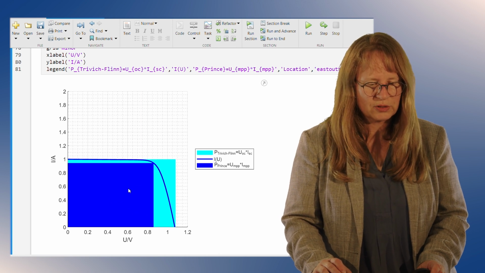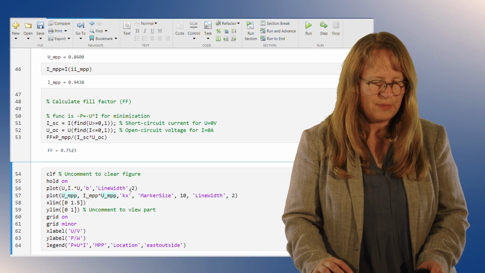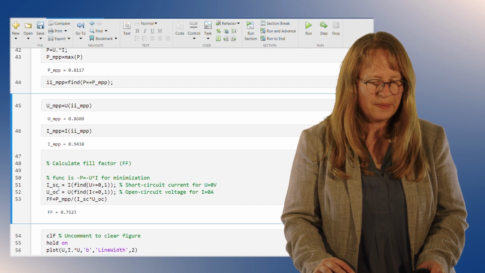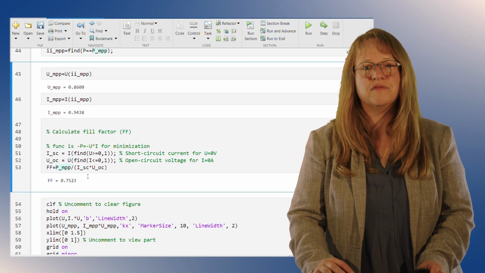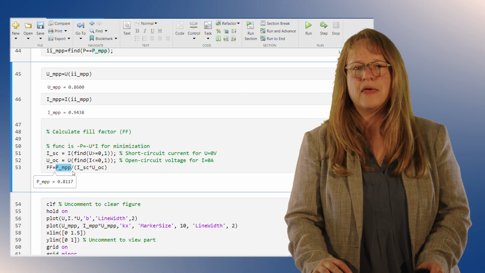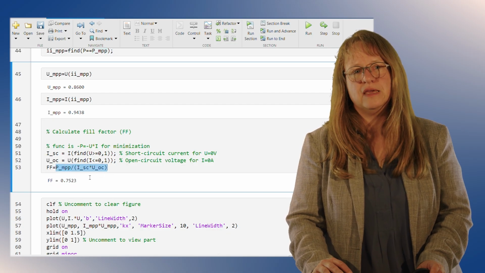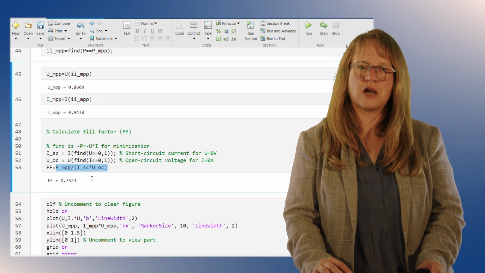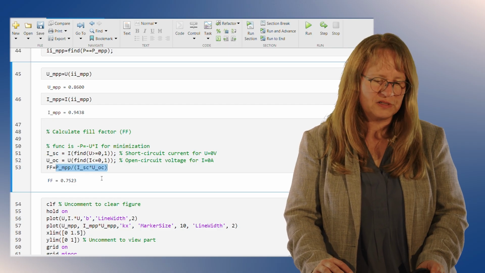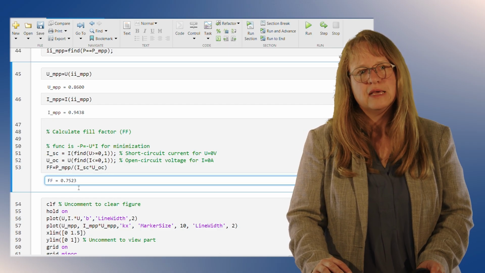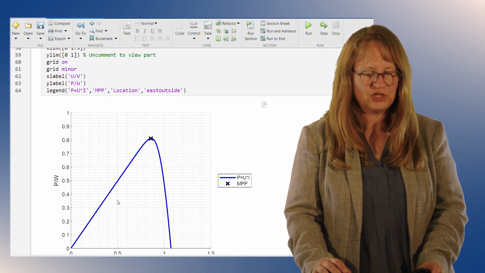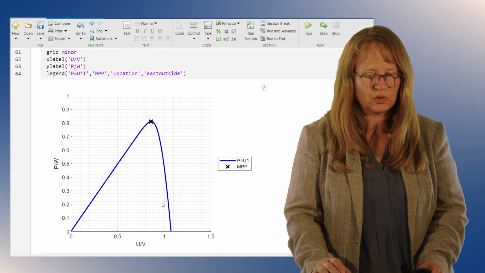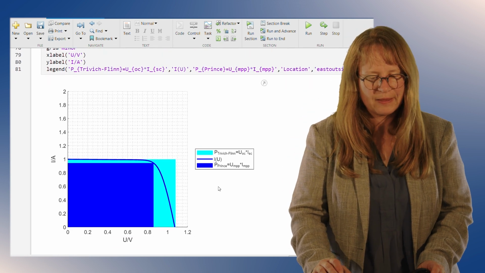And I actually also calculated what the fill factor is by just finding the short circuit current and the open circuit voltage, and then calculating the fill factor by dividing the power at the maximum power point by the multiplication of the short circuit current and the open circuit voltage. And for this case here, we see that the fill factor is 75%, and that is what is also plotted here then.